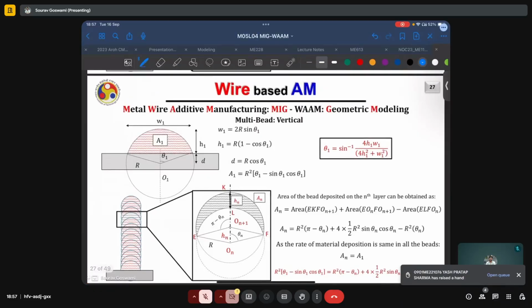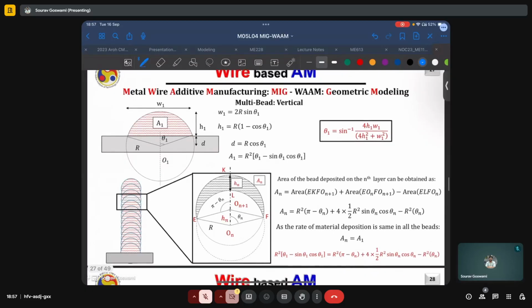Now, what about some bead which is deposited in between and far away from the substrate? As we see very well represented here, the first bead is encountering a flat substrate, and the height is, say, some h1. Let us compare this with the height of some intermediate bead which has been deposited, say some h, which I have to call hn.